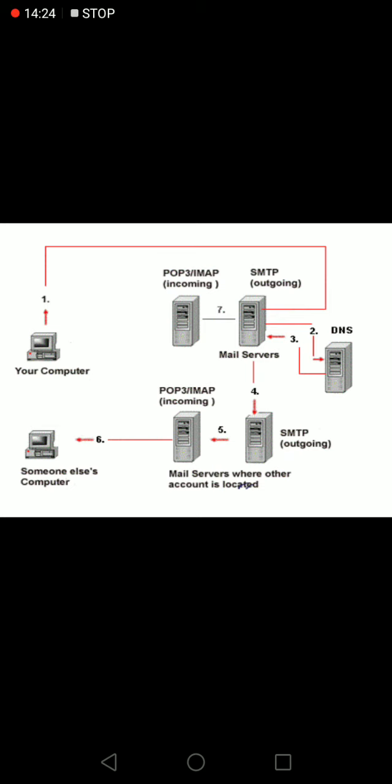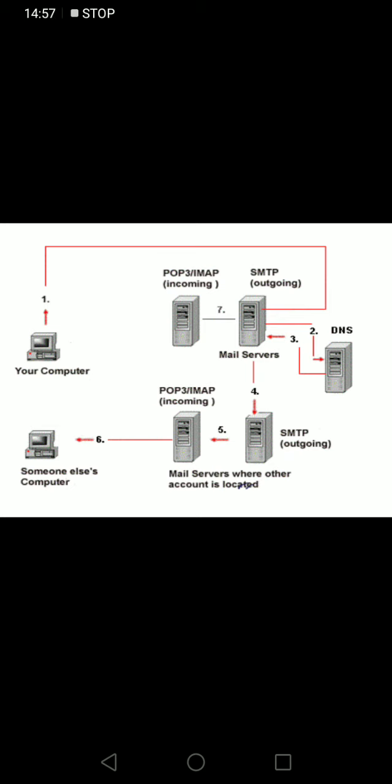In the DNS zone for the receiver address domain, there will be an MX record. This is a DNS resource record which specifies the mail server of your domain. After the DNS lookup, a response is given to the requesting mail server with the IP address of the recipient mail server. This way the recipient mail server is identified.